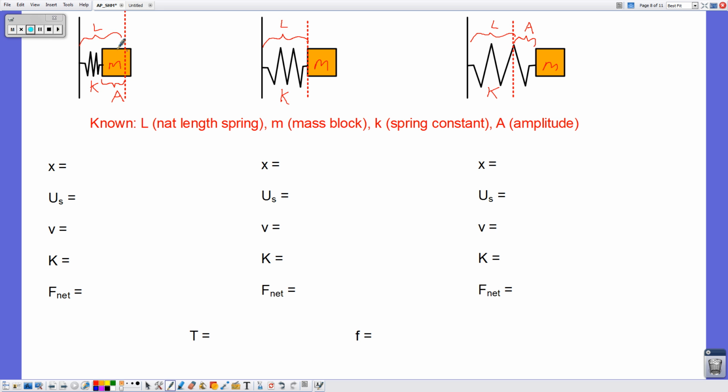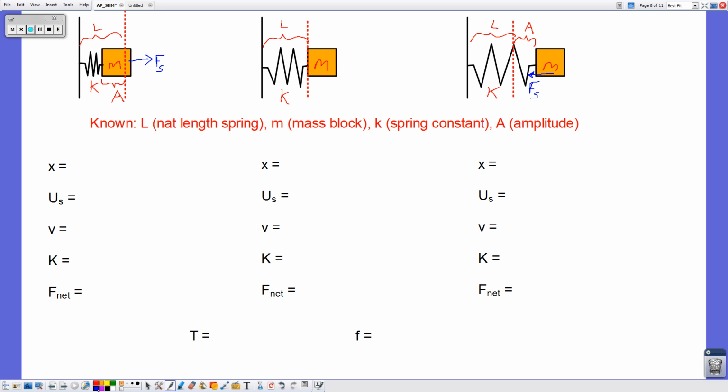Now, if the block is in this position right here, the spring force is going to push it that way. When it's at the equilibrium position, there is no spring force. And when it's here, my spring force is there. The spring force always points towards the natural length, towards the equilibrium.